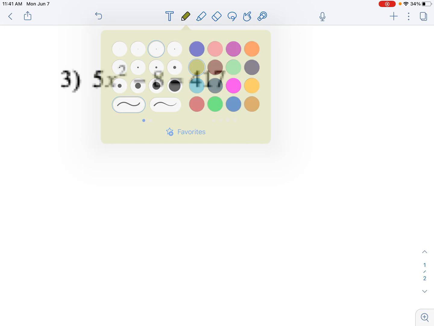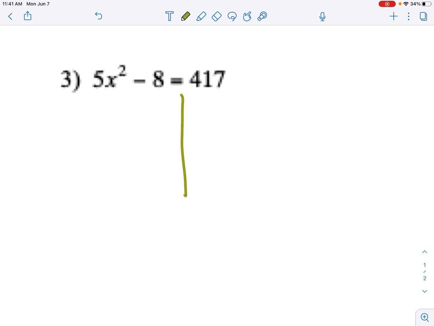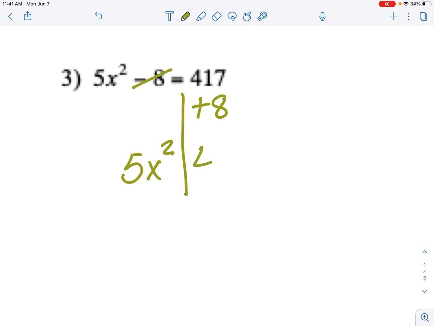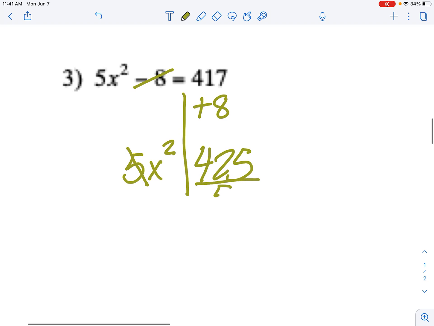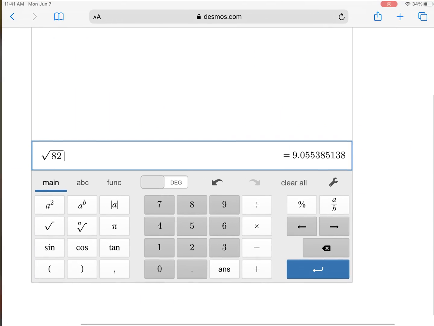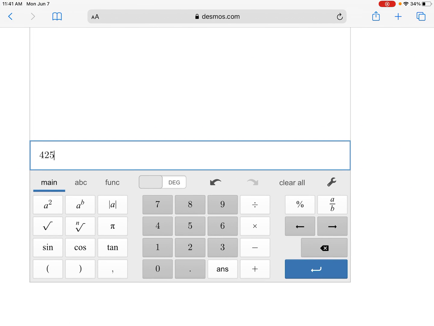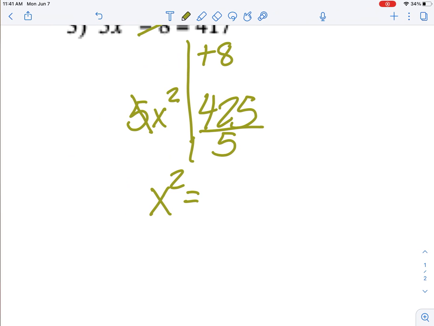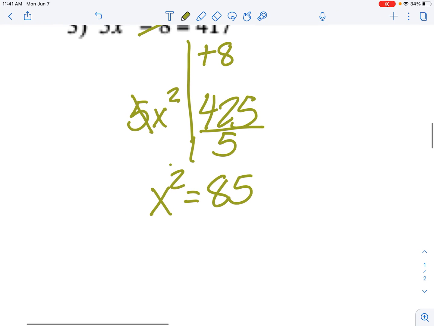Let's go to number 3. Same idea. We're going to get the square by itself. The opposite of minus 8 is plus 8. So we're left with 5x squared on the left. 417 plus 8 is 425. The opposite of multiplying is dividing. So we are left with x squared is equal to 425 divided by 5, which is 85.